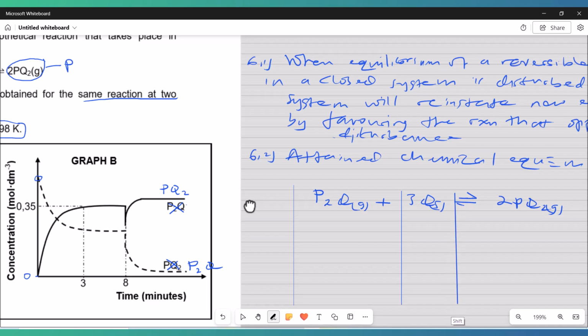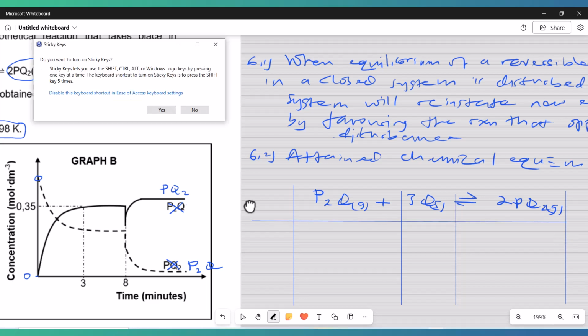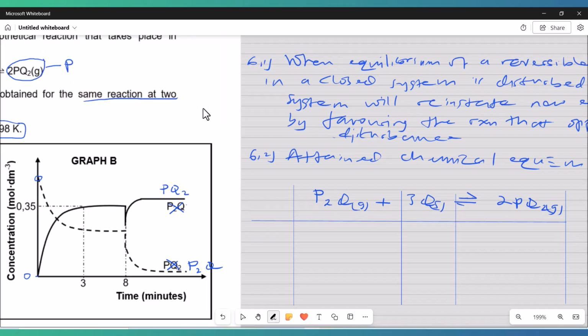Now you know that in the expression for the Kc, we don't include the solids. So my Q solid must be left out. I don't have to use it.